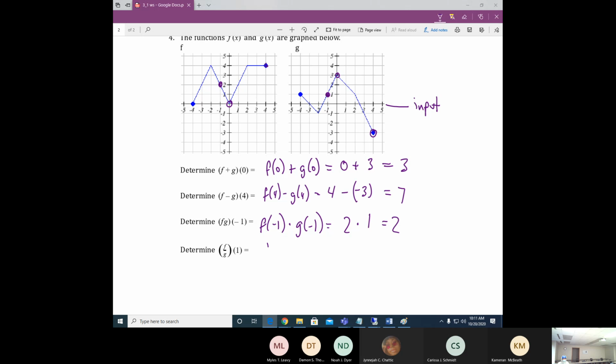And now, F of 1 divided by G of 1. F of 1 is there, equals 2. G of 1 there is 2.